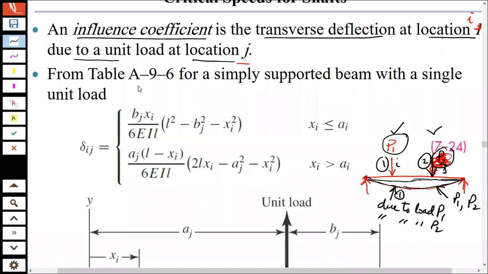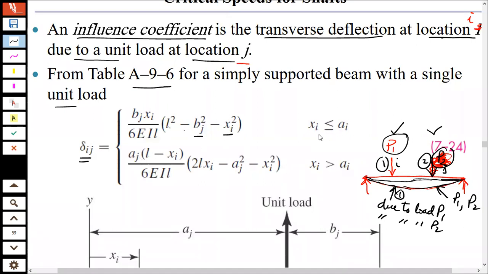Now, from Table A9-6 for a simply supported beam with single unit load, your delta ij, which is known as the influence coefficient, is equal to bj xi over 6EIL times (L squared minus bj squared minus xi squared).